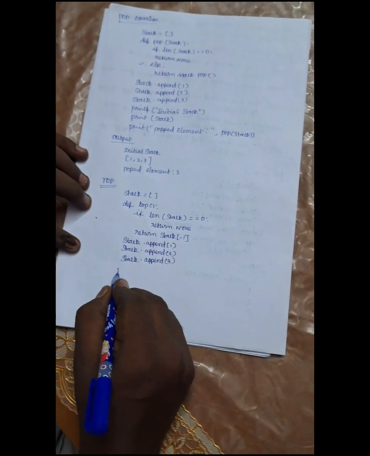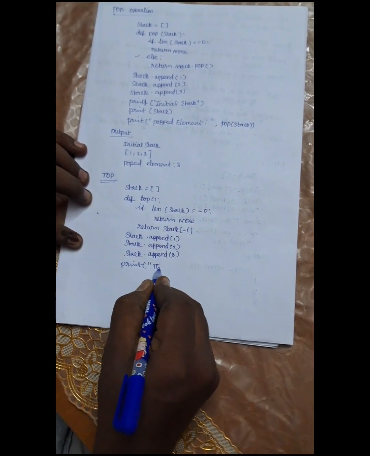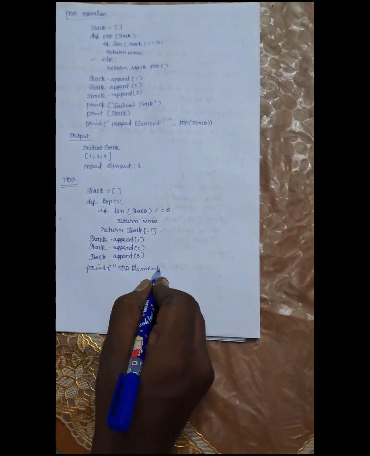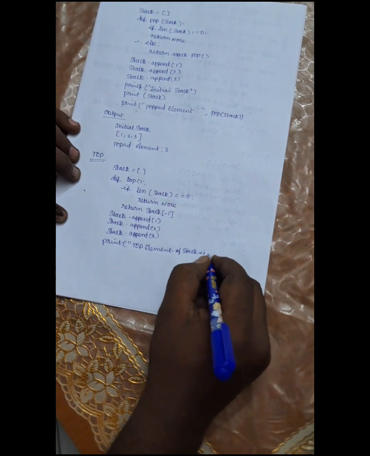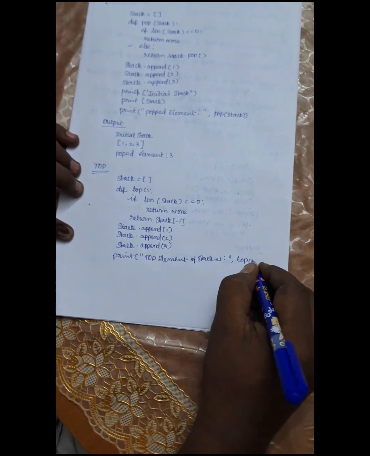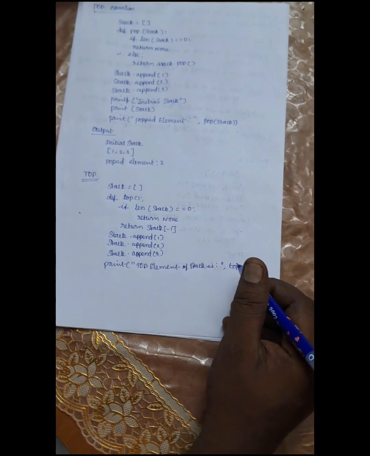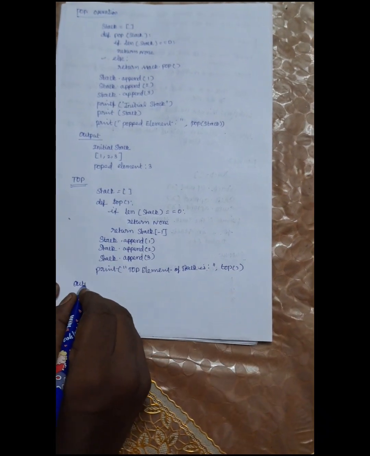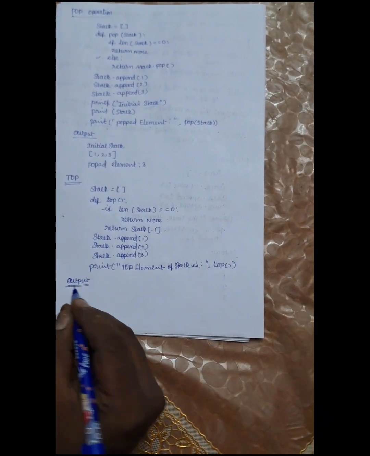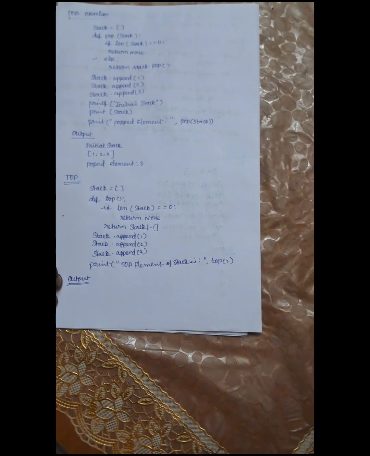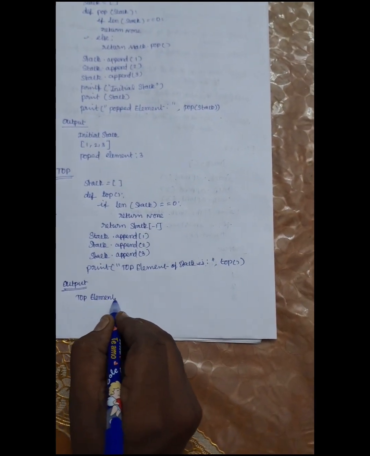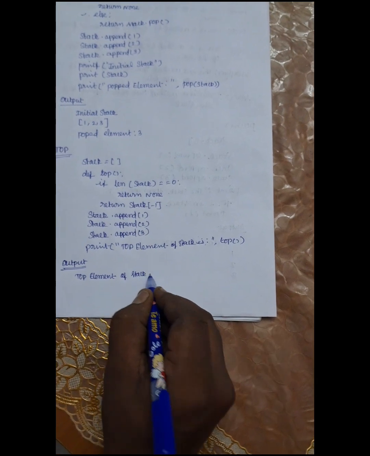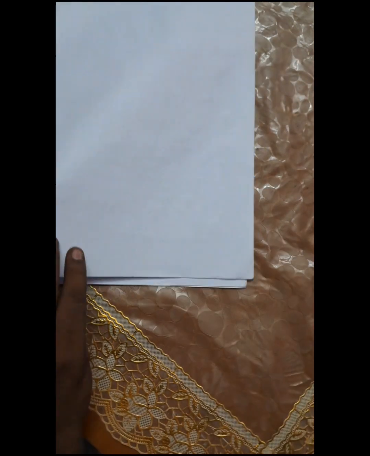I'm going to append the 3 values and print the top value. What is the output? Top of the element is 3.